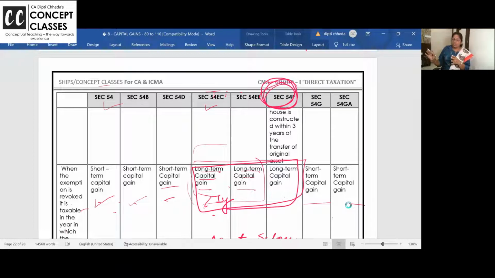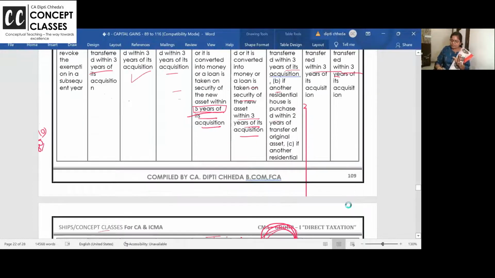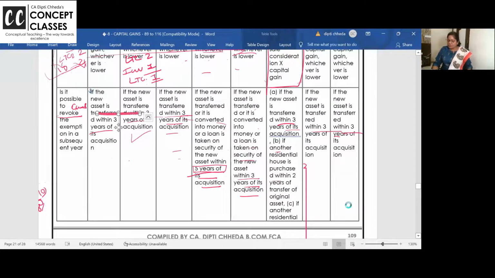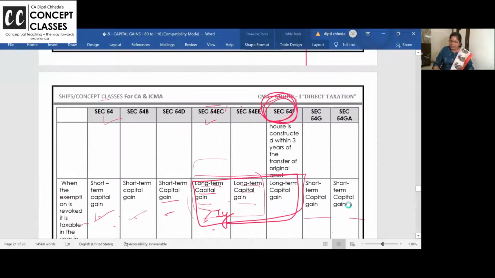You sold one house, so keep only one house purchased. If you buy one more, you will have 3 houses and the exemption is revoked. You should not transfer this house. And if another residential house is purchased 2 years forward or constructed 3 years forward, the exemption is revoked.